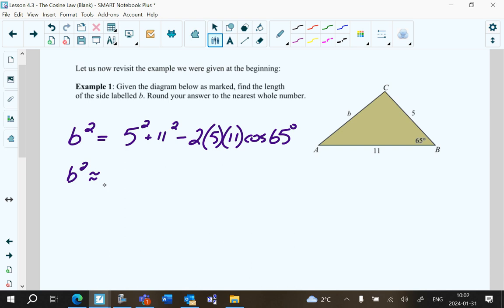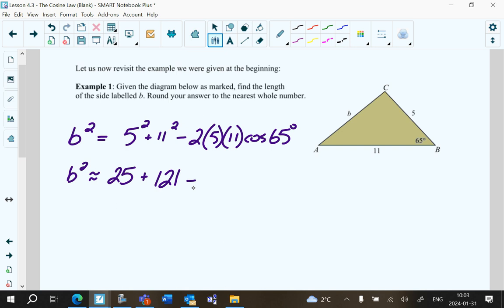I'm going to get an approximate answer here. What's 5 squared? Plus, what's 11 squared? 121. Minus, now do this whole thing on your calculator and usually round it to one decimal place. So do 2 times 5 times 11 times cos 65.